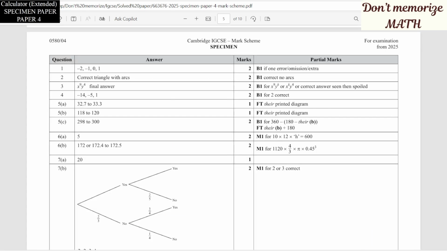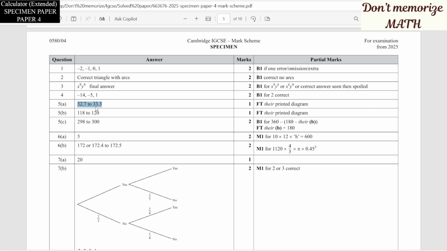So let's see the marking scheme for the answer, because I cannot directly use the ruler and find the distance since it is a soft copy, not a printed paper. The answer range is 32.7 to 33.3. Whatever you get while measuring with the ruler, multiply it by 3.